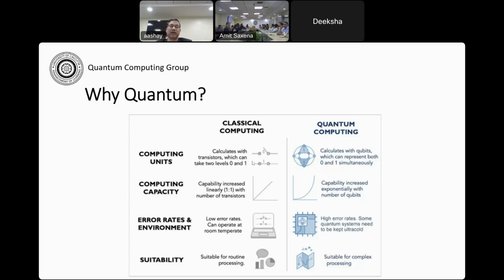So we have to analyze the quantumness of an algorithm, and that analysis will lead us to explore which quantum system is suitable for this algorithm, or whether it is suitable for any of the quantum systems at all.